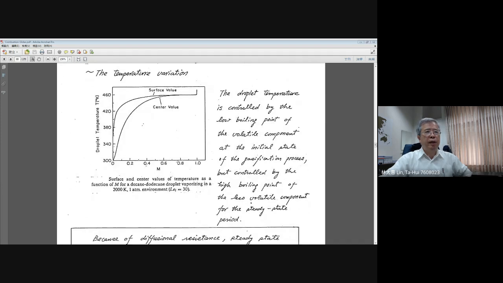Here these are the comments. They say the droplet temperature is controlled by the boiling point of the volatile component at the initial state, as I mentioned. But it is controlled by the high boiling point of the less volatile component for the steady state period.